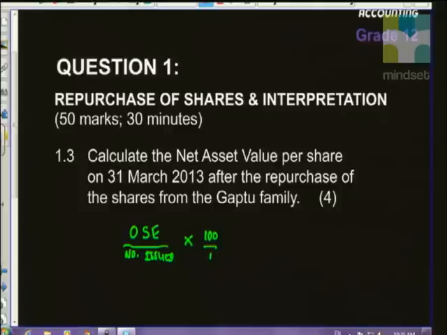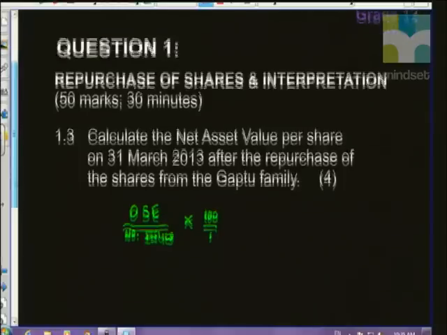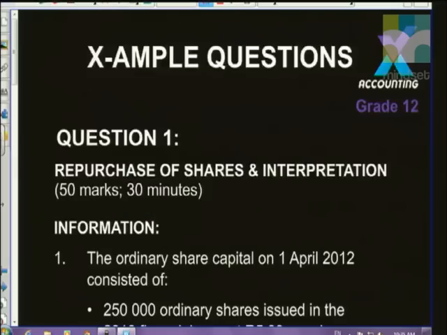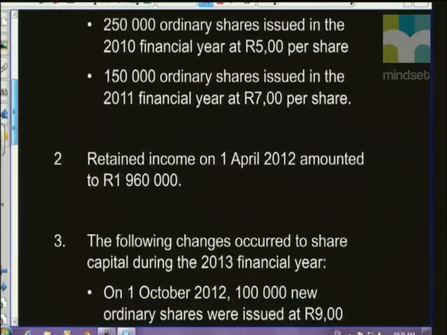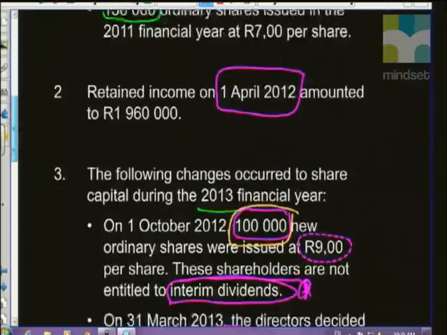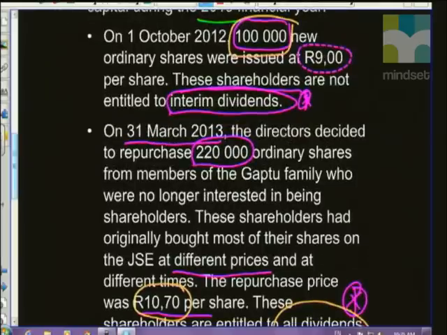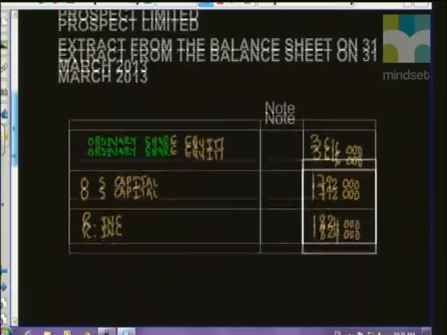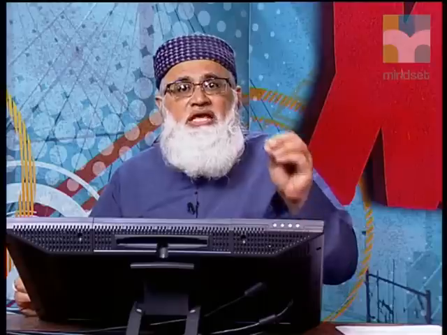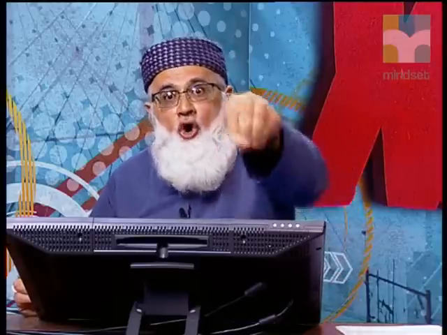Okay, now we need our ordinary shareholders' equity, and we just completed that note just now. So let's get that figure. That figure, remember, appears in my balance sheet, and obviously important is that it's going to impact directly on your question.